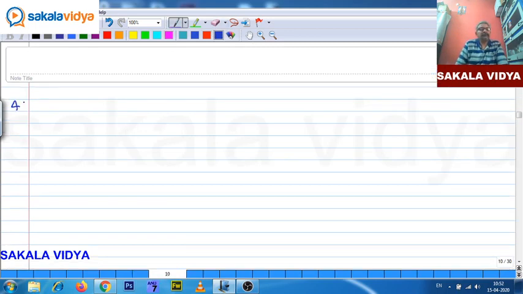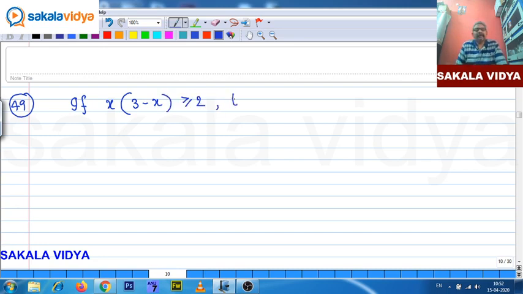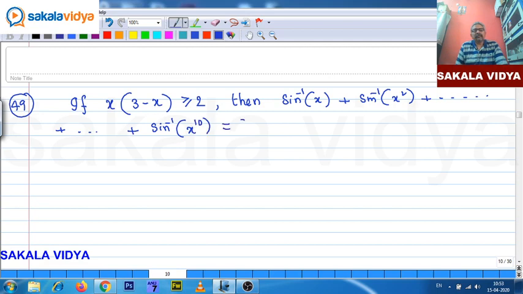Forty-ninth problem. If x into 3 minus x is greater than or equal to 2, then sine inverse x plus sine inverse x square plus so on, sine inverse x to the power of 10 equals to, this is the question.